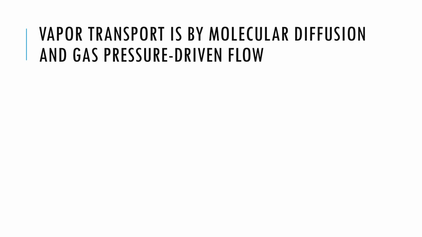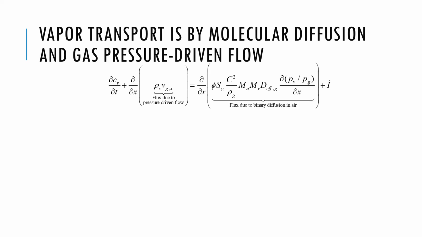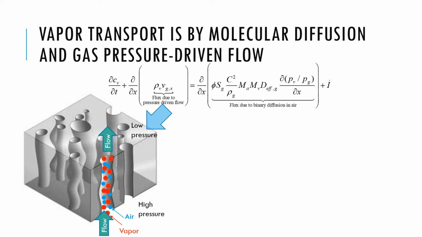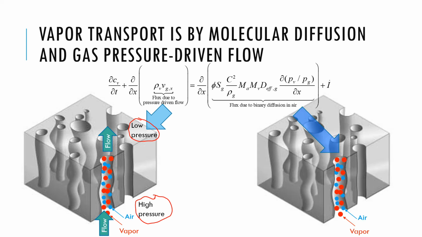Now we come to the vapor transport equation. Vapor transport can happen due to one of two mechanisms. So the flow of vapor can happen simply due to pressure gradient. So that's the bulk flow, or vapor can diffuse into air, which would be included in the diffusion term.